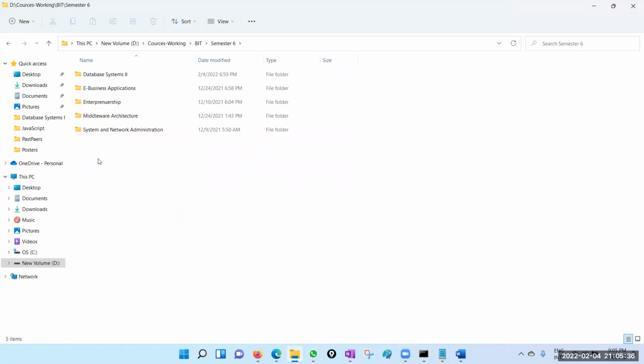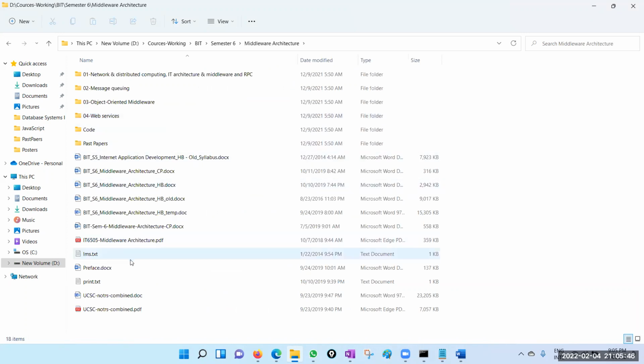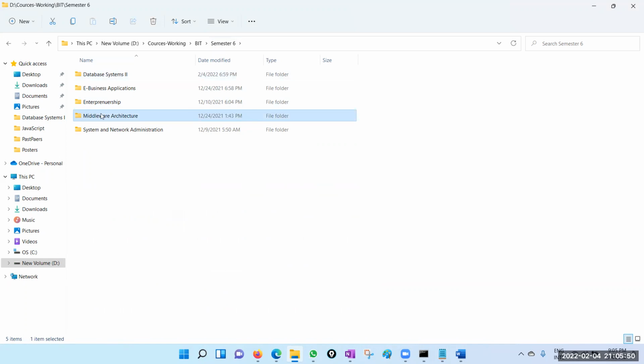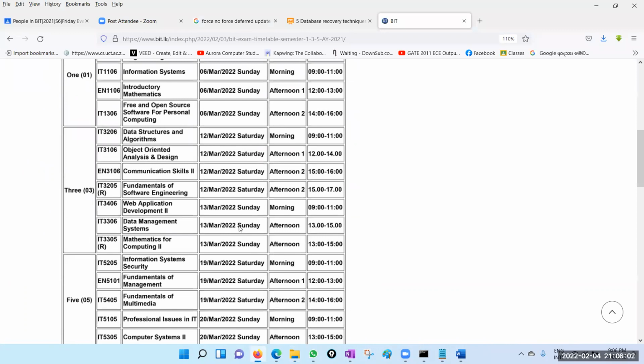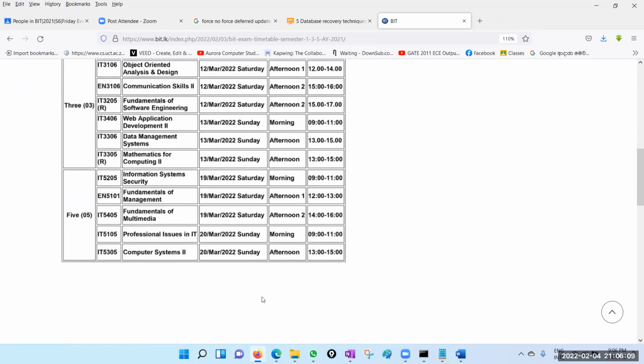Middleware architecture we will do some, we have to take some weekdays, which means mornings. Then we have to do system and network administration as well. Okay, we have a lot to do. By the way, middleware architecture is an optional subject. If you are really good in your e-business and other subjects, you don't have to worry. But anyway, I'll be doing it.